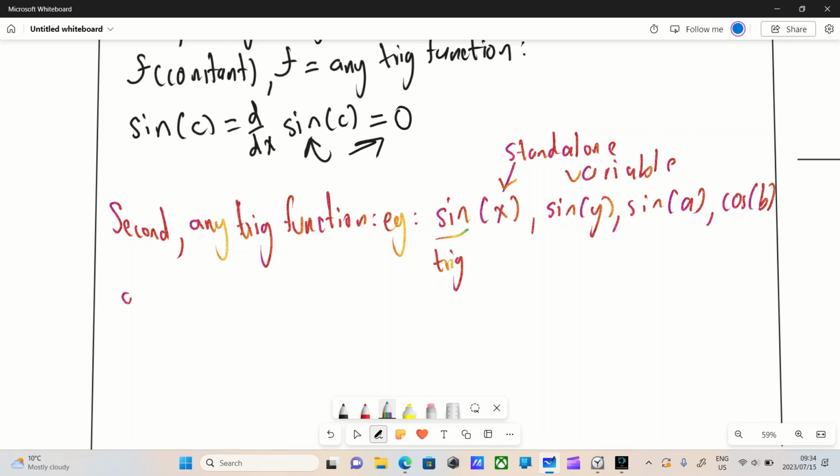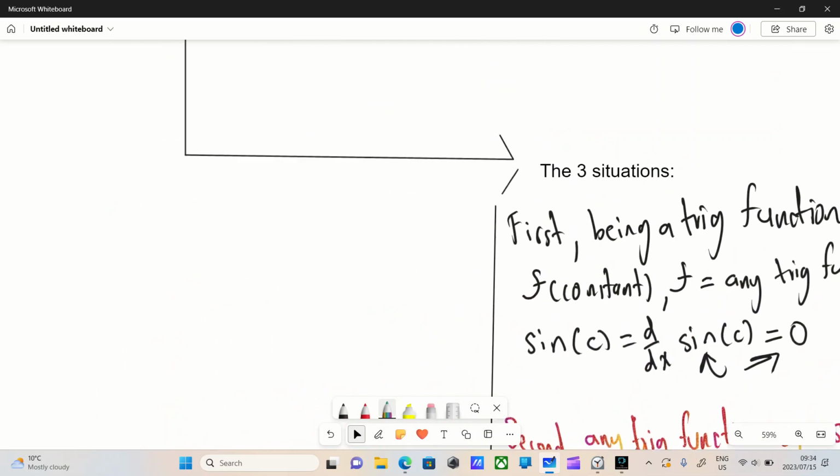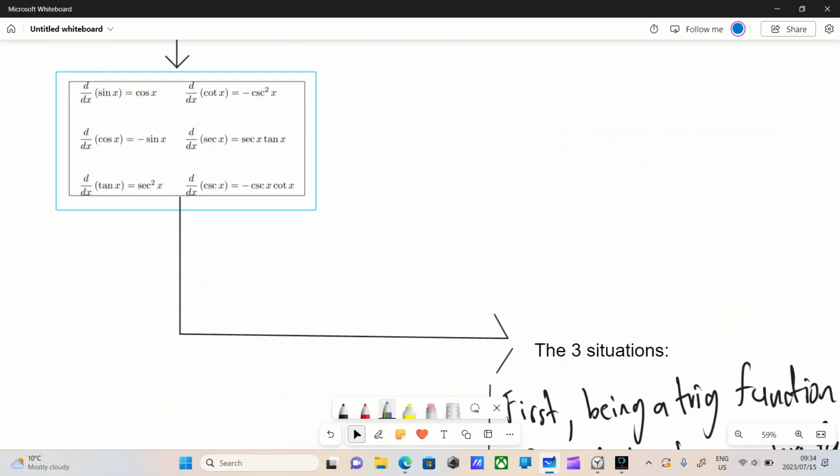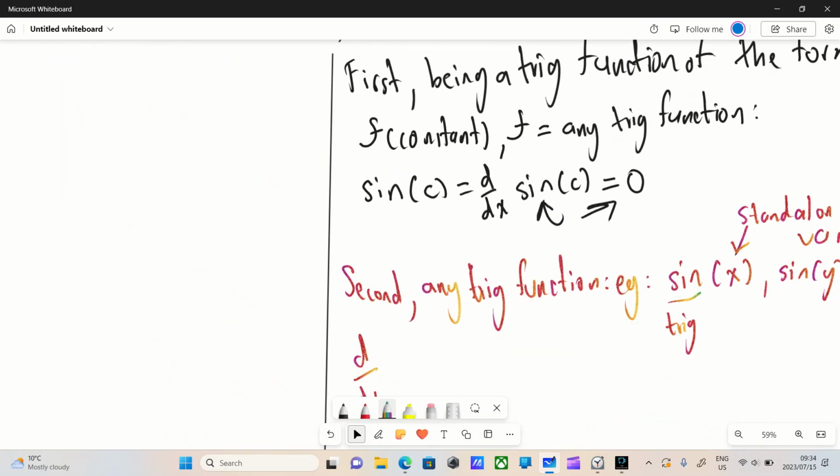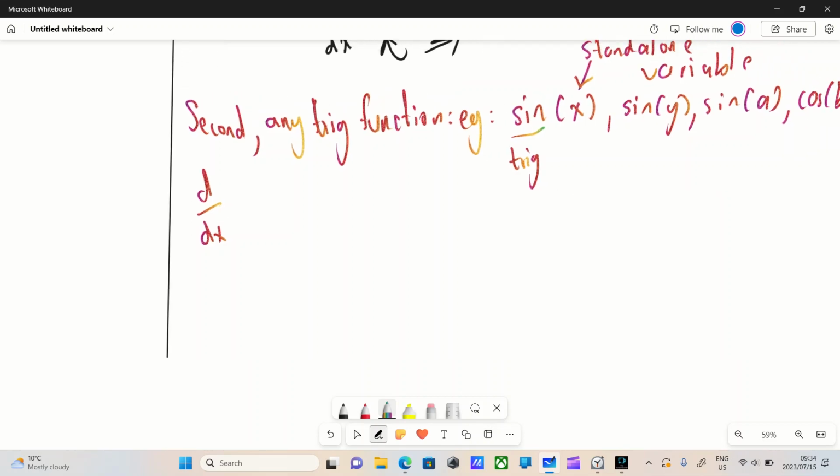In that case, the derivative will simply be the associated value in this table right here. So if we had the derivative of sine of x, this would just be cosine x. If it's a, it'll be cosine a. If it's b, it'll be cosine b.